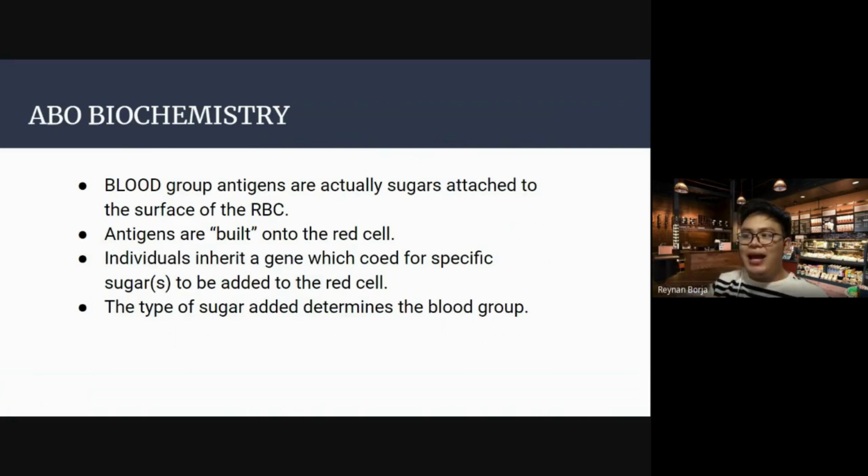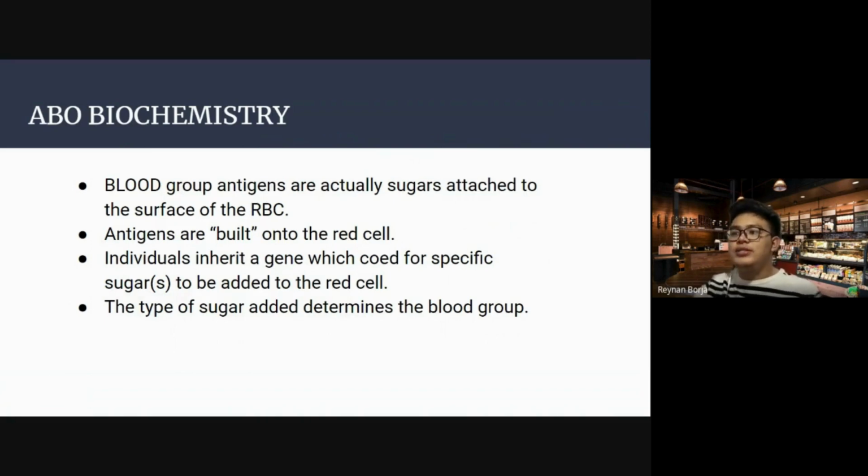Kaya nade-determine natin na A antigen siya because of this certain sugar or sugars. Nade-determine natin siya na wala siyang antigen kasi wala siyang sugar na mga to. Okay? Okay. So, nagets na?